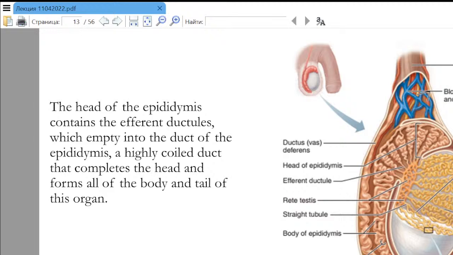The duct of the epididymis is a highly coiled duct that completes the head and forms all of the body and the tail of this organ.